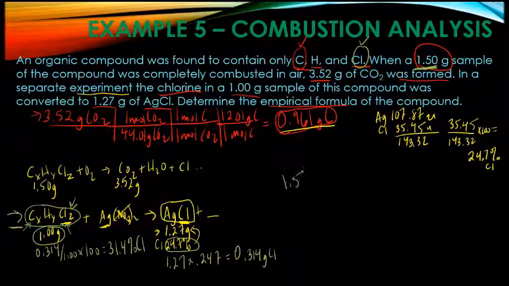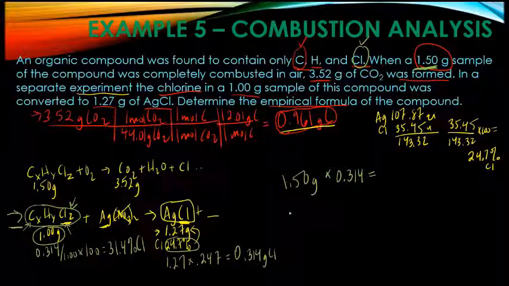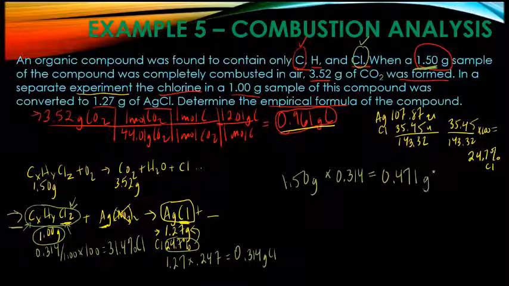So if the original compound is 1.50 grams, and I multiply that by the 0.314, which is the 31.4% in decimal, I know how much of the 1.5 grams is my chlorine, which ends up being 0.471 grams chlorine. Now that I know these two values, I can easily find my hydrogen, which I need.